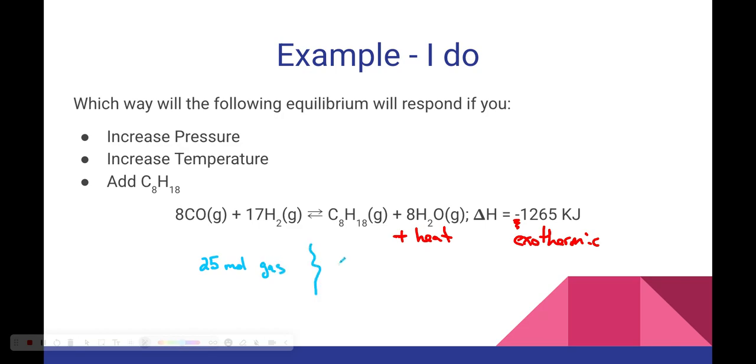And on our product side, we're looking at 1 plus 8. So we're looking at 9 moles of gas. So if we increase our pressure, the equilibrium is going to shift to the products. Okay, so the equilibrium will shift to the products because there are fewer moles of gas over there.